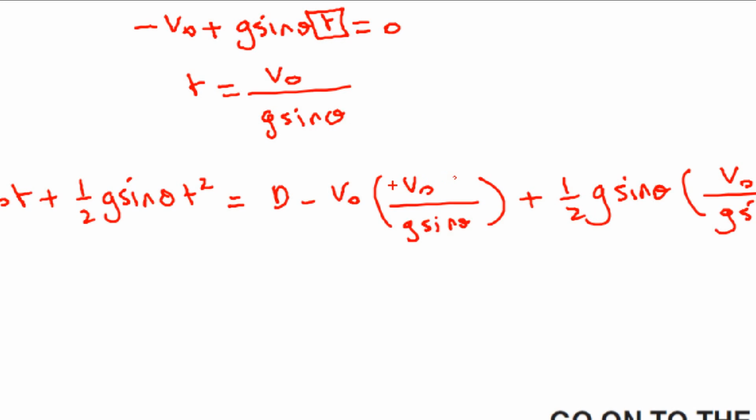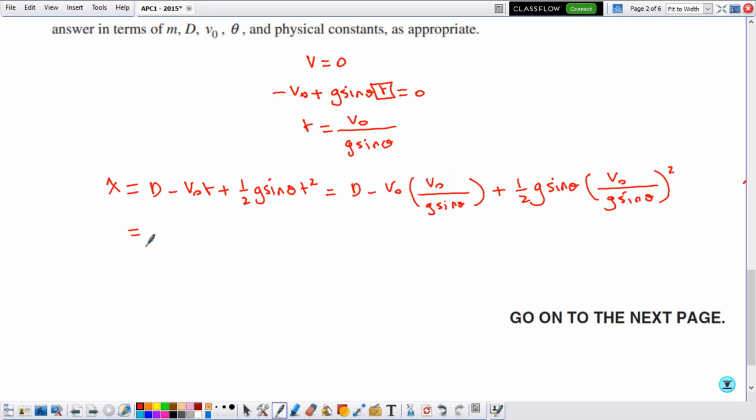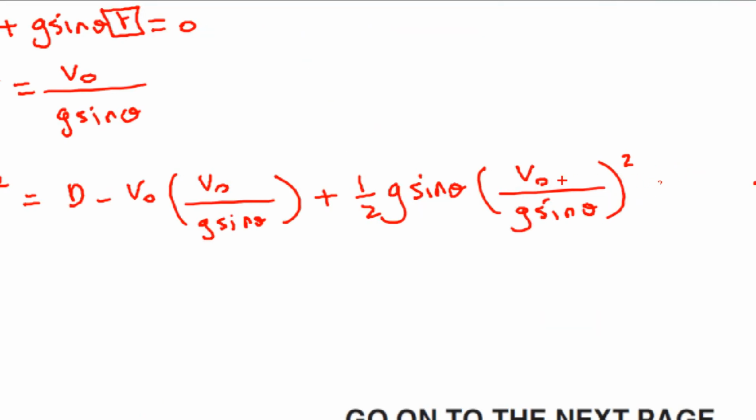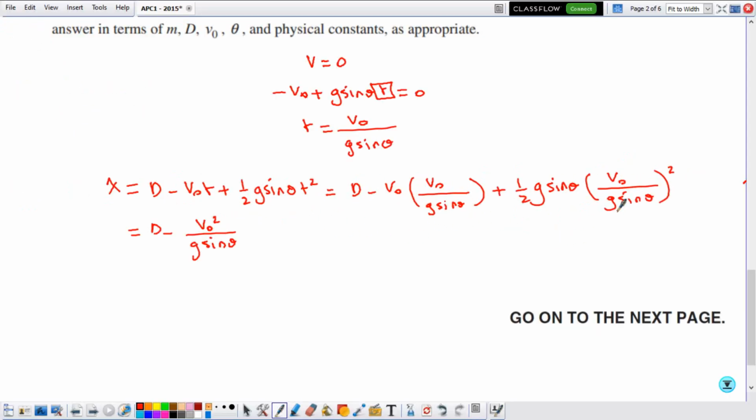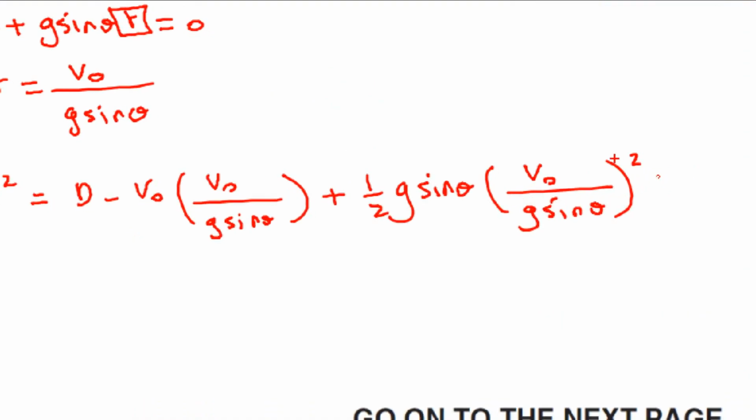So now notice that v0 multiplied by v0 would be v0 squared. So d minus v0 squared in the numerator divided by g sine theta. Now what about this? This is very similar to the thing that we do in projectile motion. So it would be v0 squared divided by g squared sine squared theta, and in the numerator also we have g sine theta.